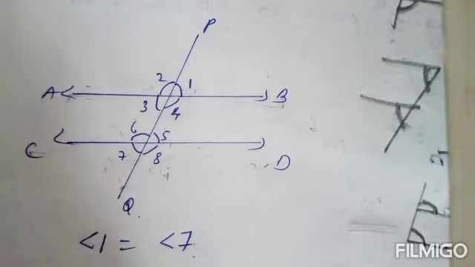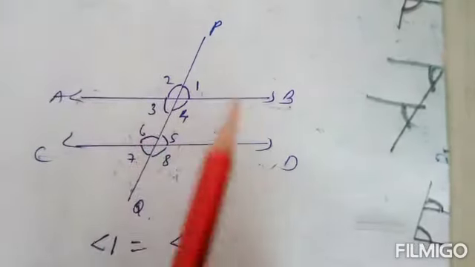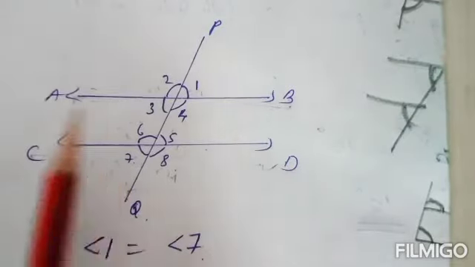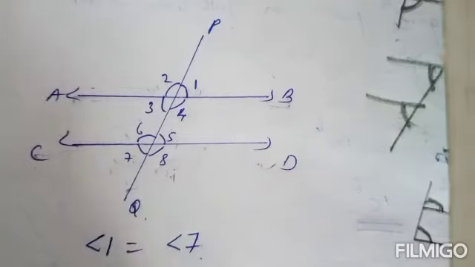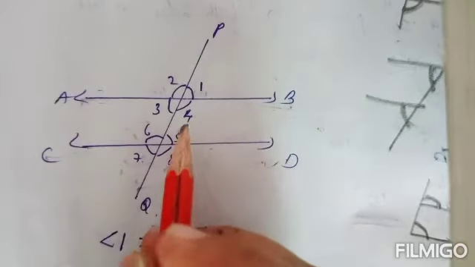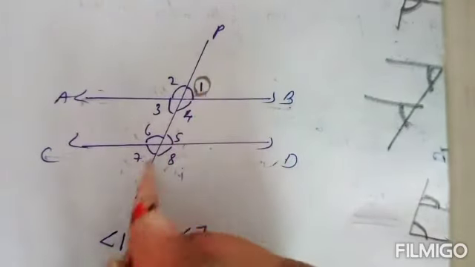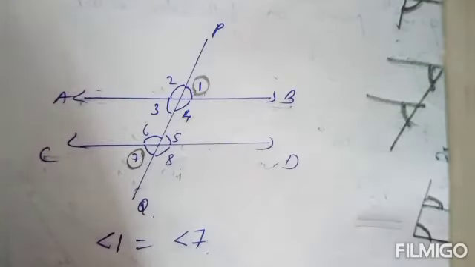First one, exterior alternate angles are equal. If a transversal cuts parallel lines, the exterior alternate angles will be equal. Okay, so which are the exterior alternate angles? Two pairs of angles you can find here. First pair is 1 and 7. These two are exterior alternate angles.